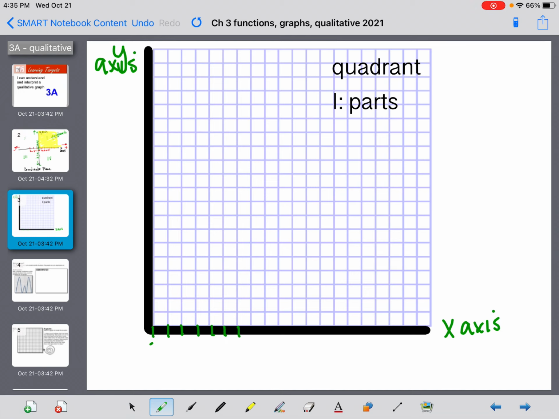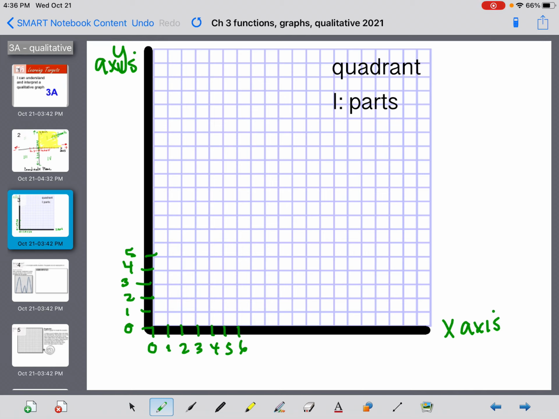So if this were 0, then this would be 1, 2, 3, 4, 5, 6 units, like a measuring tape or a number line. And those units just depend on whatever I'm graphing. My units for my y value would be 0, 1, 2, 3, 4, 5 of whatever I'm graphing.